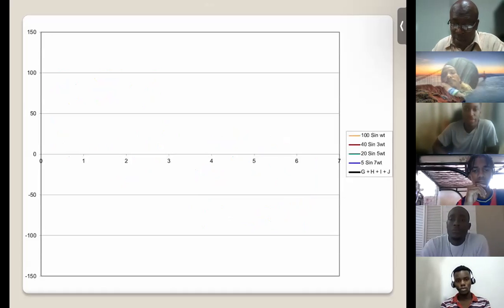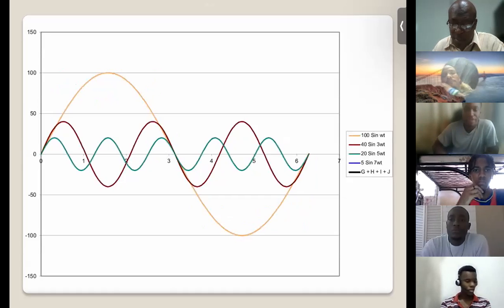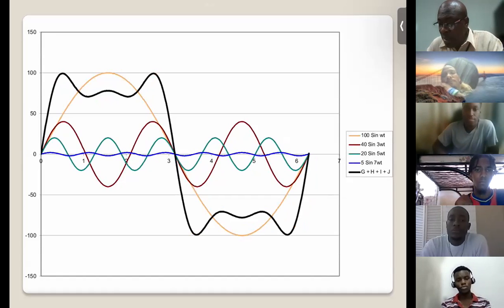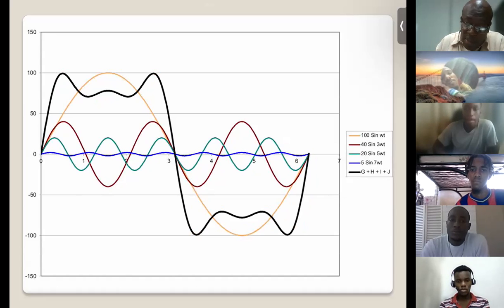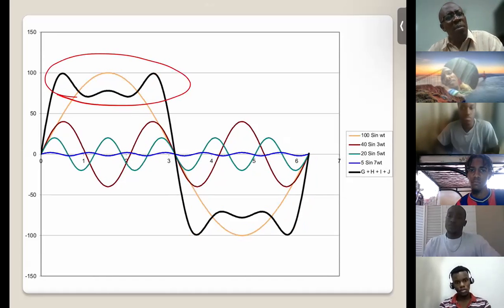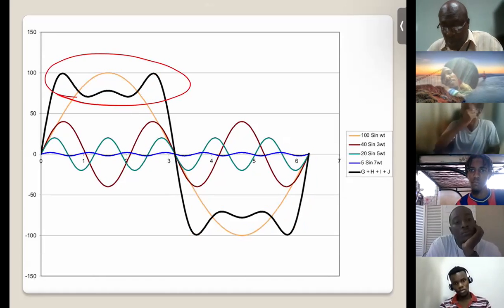If I just look at the third one, so in adding these four waveforms, we now have 100 sine omega t, 40 sine 3 omega t, 20 sine 5 omega t, and the 7 omega t. When we add them, we saw that the top portion of our waveform, I mean, obviously it's not complete, but we saw that it was getting flatter and flatter.